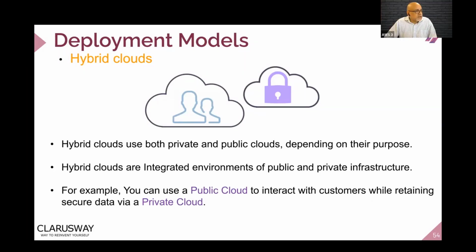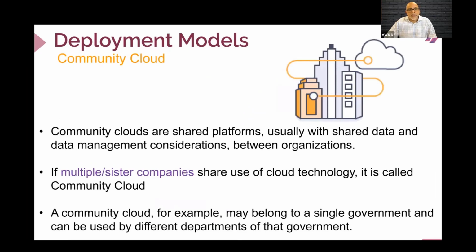All right, so the last deployment model we're going to talk about is a community cloud. The nearest thing to compare it to is the private cloud. The only difference between the private cloud and the community cloud is that in the community cloud, you have multiple organizations that are somehow related to each other.